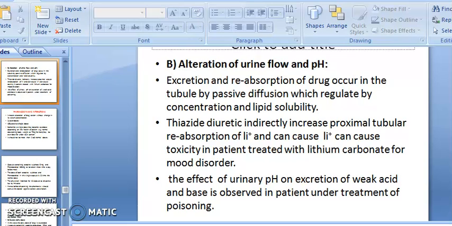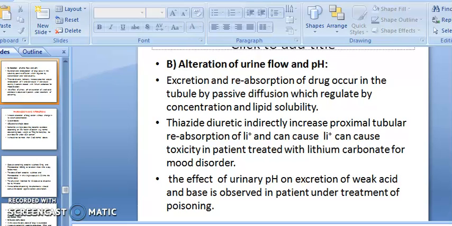When you combine lithium carbonate with a thiazide diuretic, that leads to toxicity because there is an increase in lithium ion, and the increase of lithium ion leads to toxicity because of a change in urine pH.